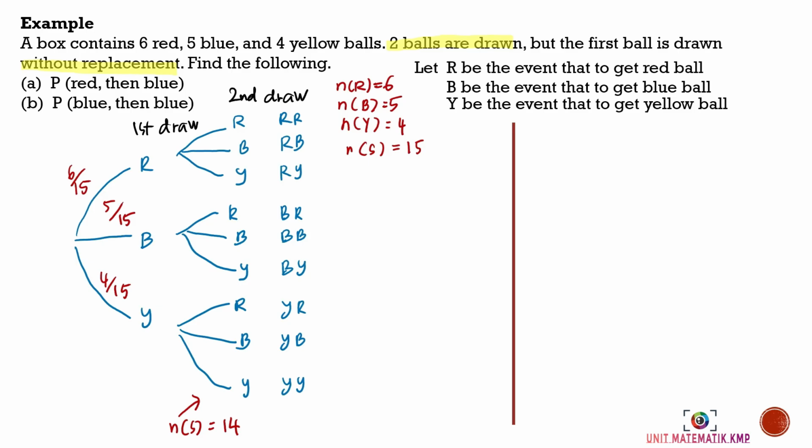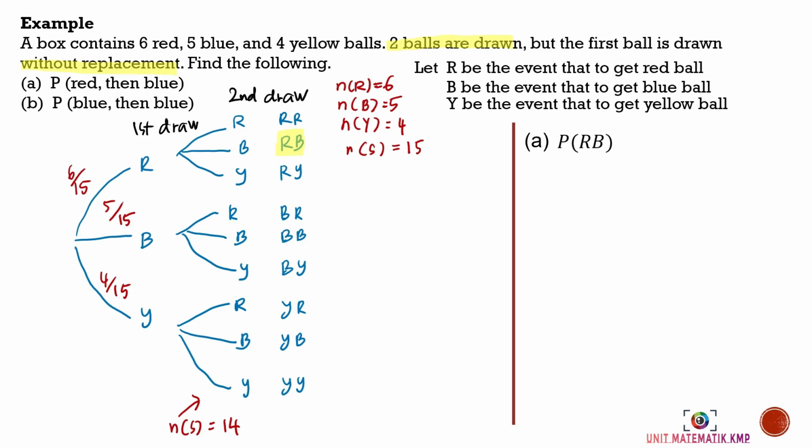Let's proceed to the first question. For A, we want to find the probability of red and then blue. So we want to use this outcome, RB. Let's complete the branch.